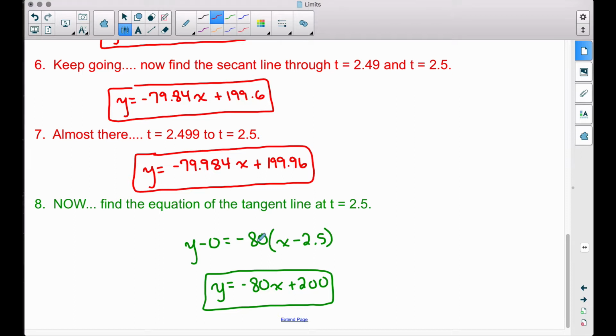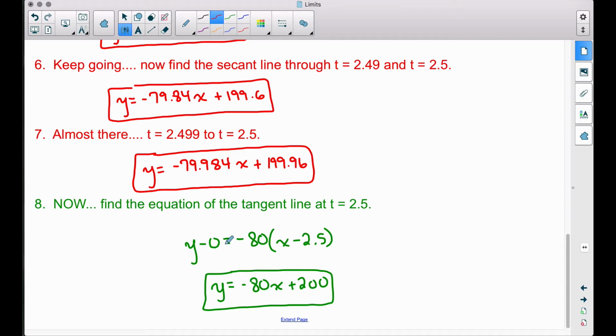This is how fast that rock was moving right at the instant when it hit the ground. It was moving at negative 80 feet per second. From the previous video, we did discuss that the negative means the rock was simply falling down. That's indicating the direction. So this equation here is going to be what we call a tangent line. It's going to touch just that point, 2.5 comma 0 on the curve.